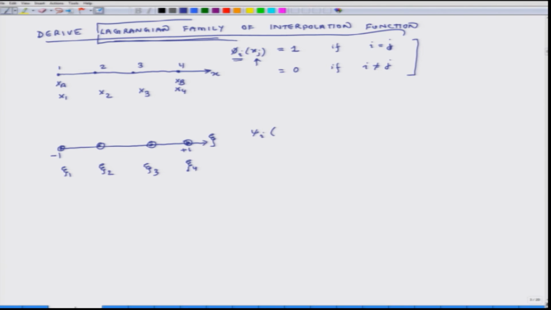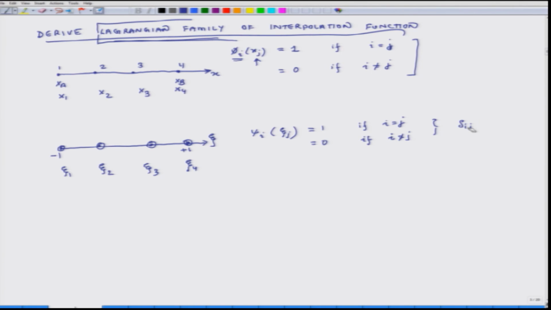Okay. And these values of psi I at zeta j equal 1 if I equals j and 0 if I is not equal to j. Actually, such a function can also be written as Kronecker delta ij, right?